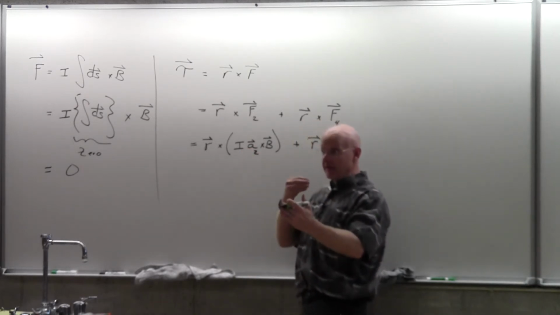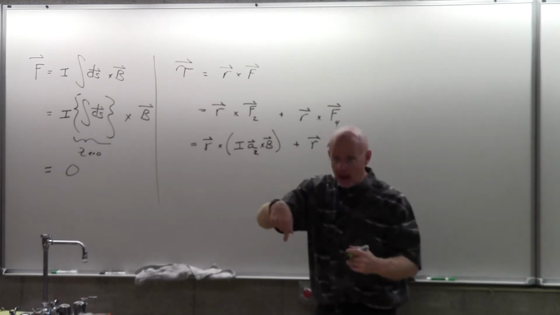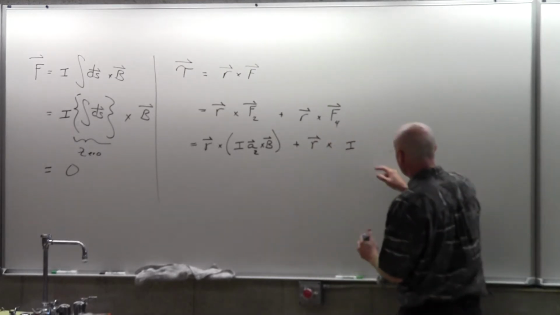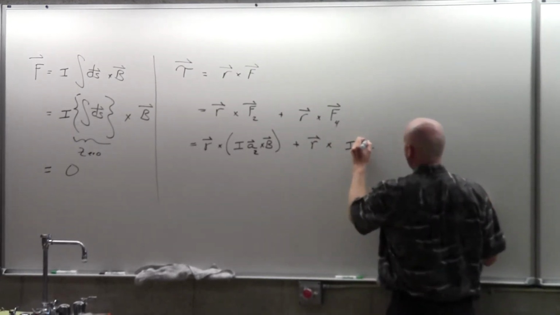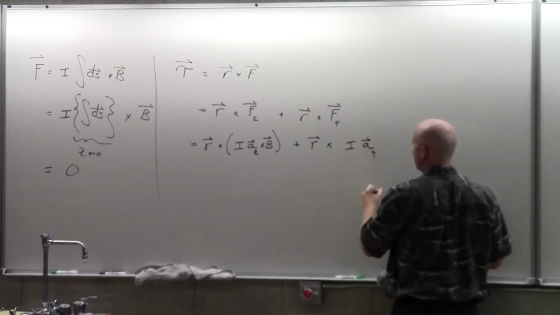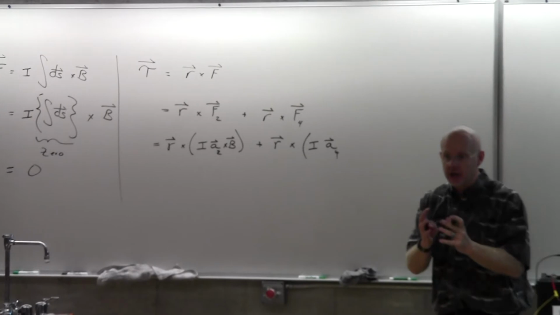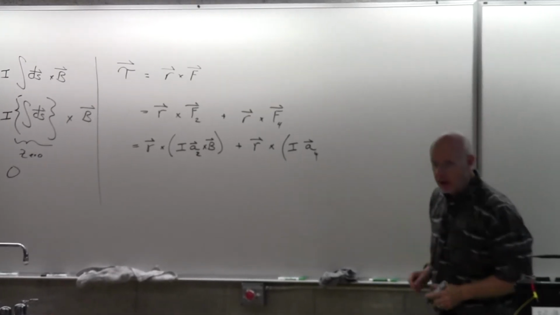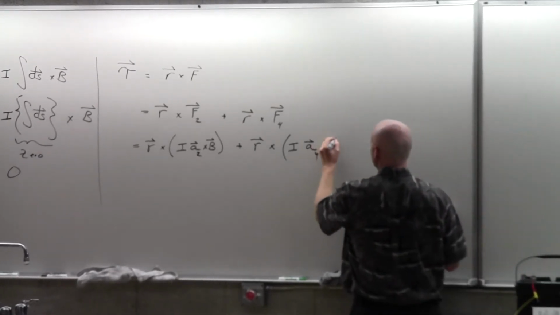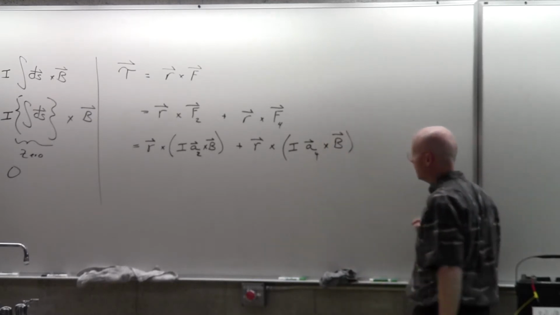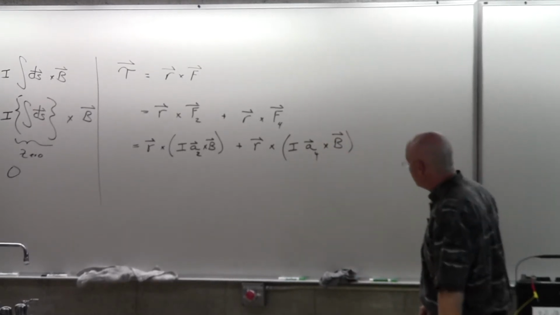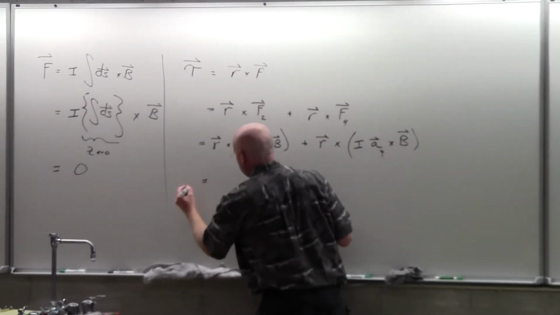It has a length of A, but it's pointing down. And I want to emphasize that because over here, on wire number 4, it has a length of A also, but what direction does it point? Up. So I want to keep track that those are different directions. Okay? And so I've got a little bit of work to do.